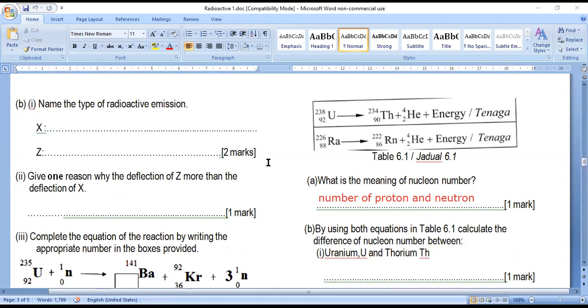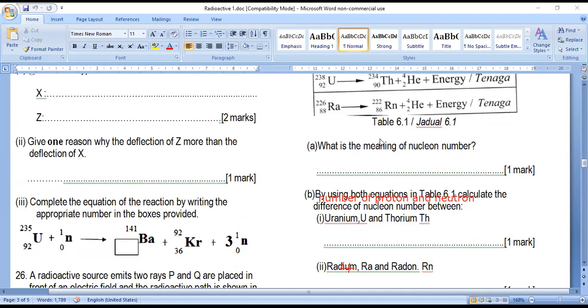By using both equations in table 6.1, calculate the difference of nucleon number between uranium and thorium. Here will be 238, here 234, so minus, 4. And then radium and radon, same, 226, 222, also 4.